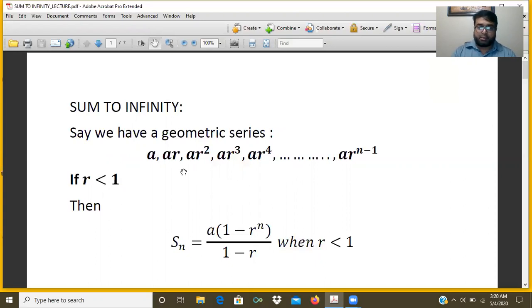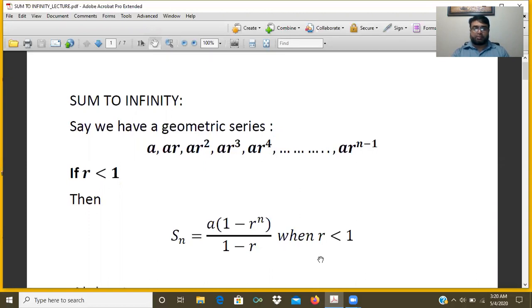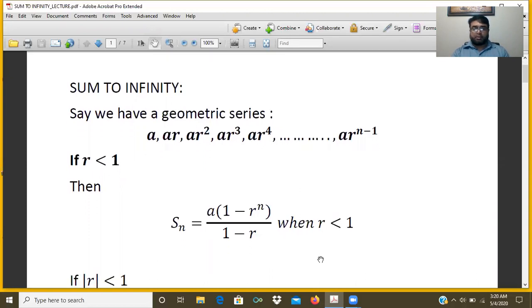Here a is the first term, ar the second term, ar squared the third term, and this is the fourth term, fifth term, nth term. So in geometric progression, when r is less than 1, we know the formula is like this: Sn is a into 1 minus r to the power n, divided by 1 minus r, where r is less than 1. This is the formula that we have just learned in the first lecture.